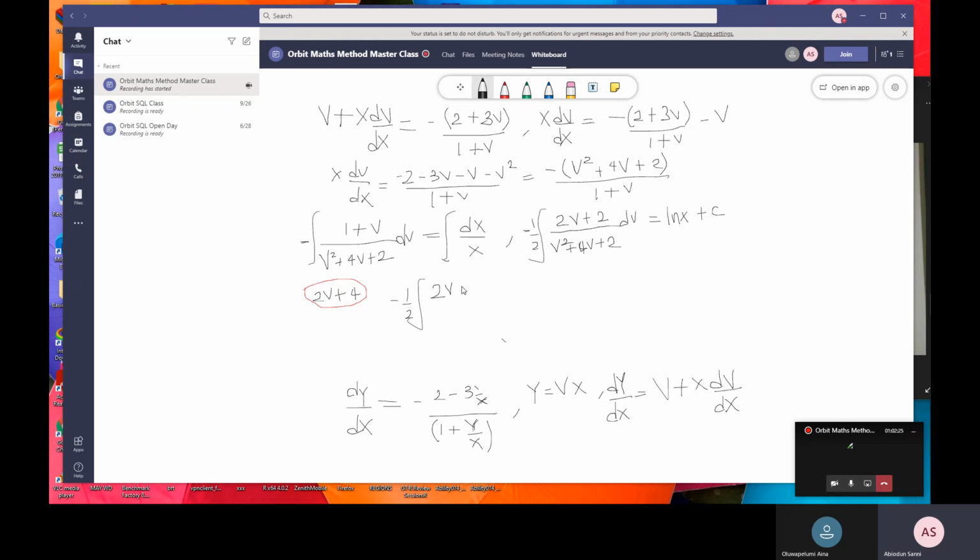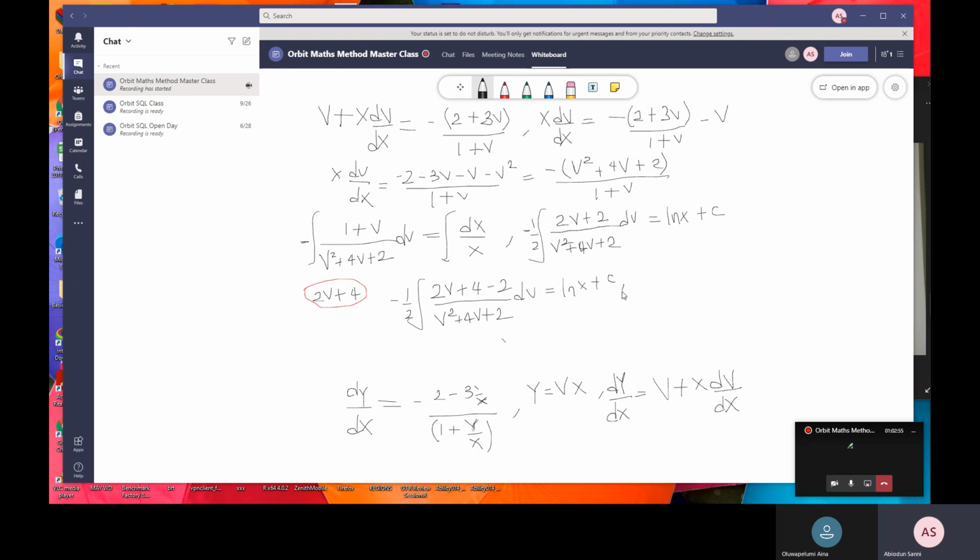So how can I write plus 2 again? I can write plus 2 as plus 4 minus 2, right? So I can have 2v plus 4 up there. So v squared plus 4v plus 2 dv is equal to ln x plus c.